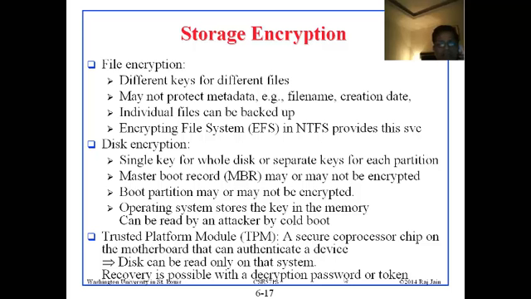So, for example, if you encrypt all that, then the backup program will need to have all these keys to be able to decide which files are new, which files are old. And so some of you use encrypted file systems, which is provided by NTFS in Windows. That uses this kind of information. Basically, it encrypts each file with a different key, and then the metadata is not encrypted.